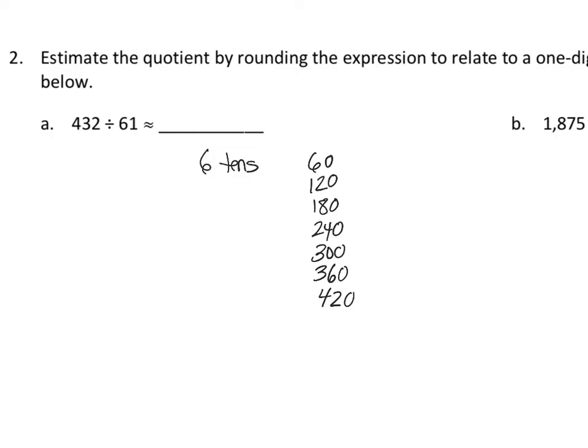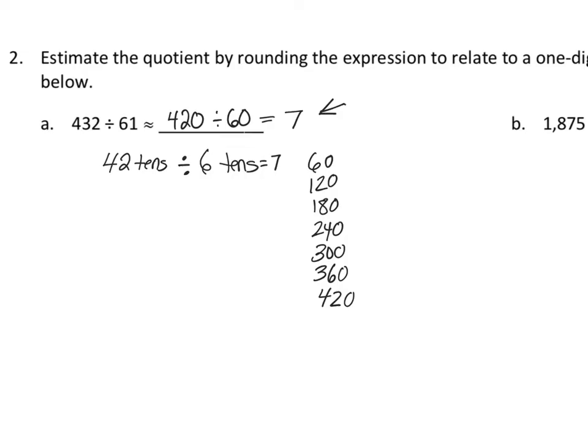So let's write that down. 420 divided by 60, and we see that that will go into it 7 times. If it's helpful for you, you could always write down 42 tens divided by 6 tens is equal to 7. And we have our 1-digit fact.